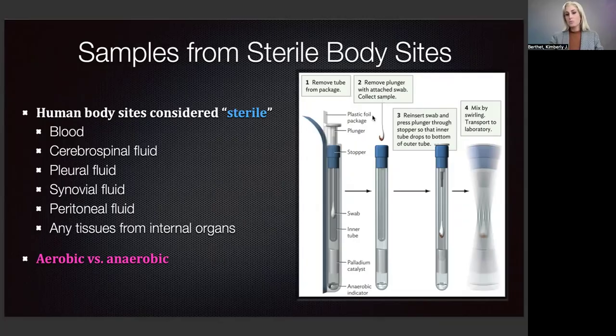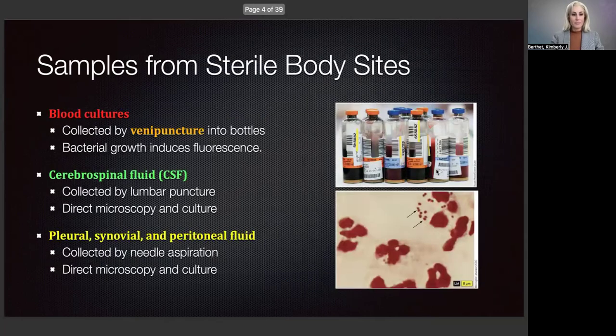So here we see a tube where we take the sample and we put it directly back into the tube, which can be an anaerobic tube for growing microorganisms that can't be exposed to air.